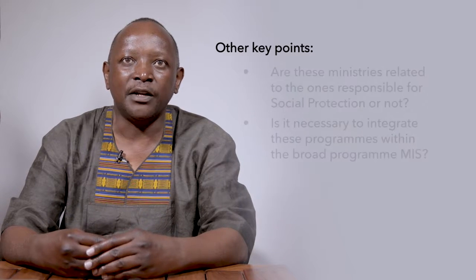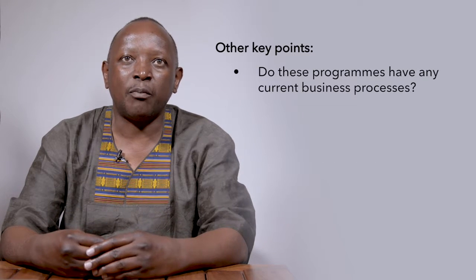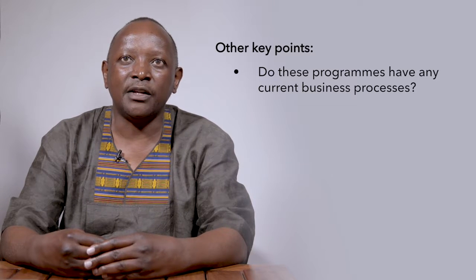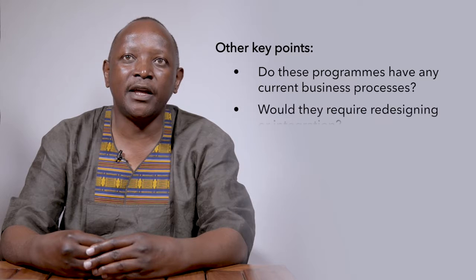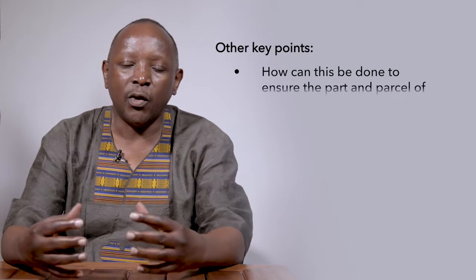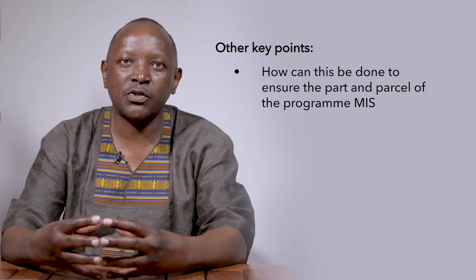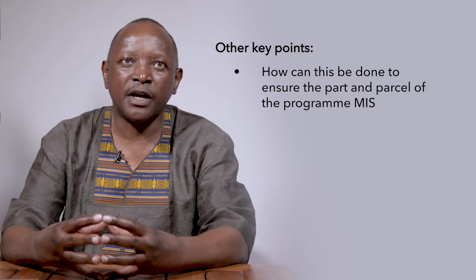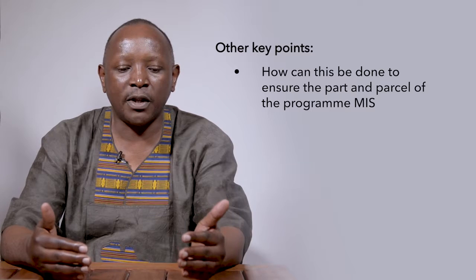We also establish whether the programs have any current business processes and would require any redesigning or integration, and how this can be done to ensure that they are part and parcel of the program MIS, so that we can determine whether the program MIS is integrated or virtually and socially integrated to suit the information requirements that we would be looking at.